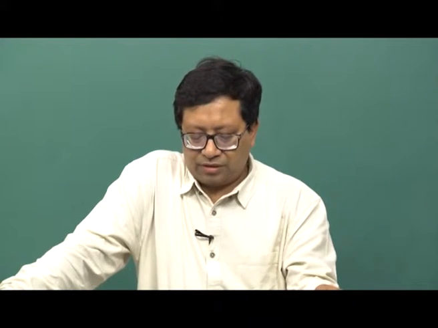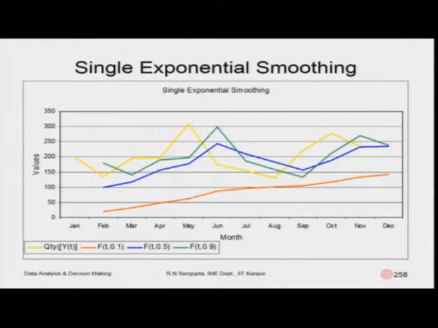These weightages reflect how much confidence you have in the past data, whether forecasted or predicted. The alpha values of 10%, 50%, 90% are given by the red line, blue line and green line, and the yellow one is the actual quantity which you want to predict.